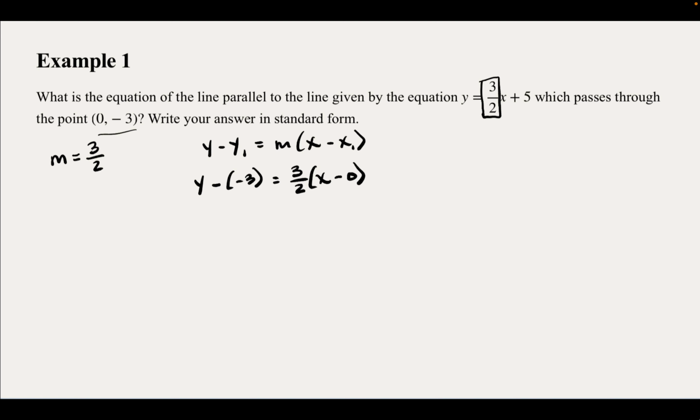I want this in standard form, and I can do that using some algebraic manipulations. So first thing, I'm going to change that minus to a plus. x minus 0 is just x. This becomes 3 over 2x. Standard form, I want x and y on one side, and I want the constant on the other side. I am going to subtract y from both sides.